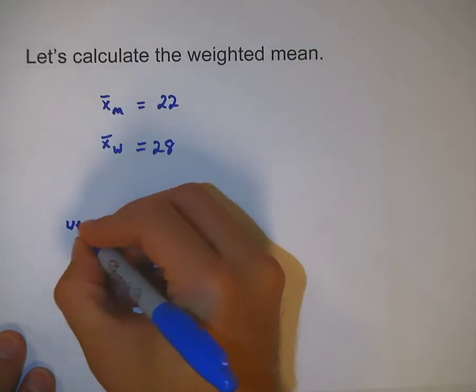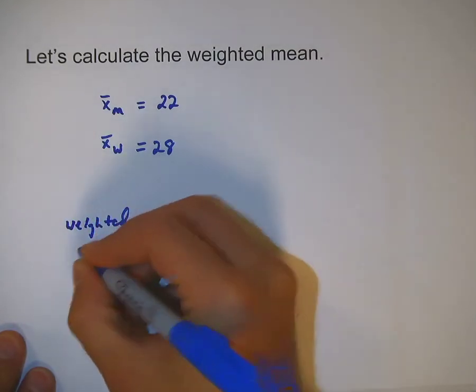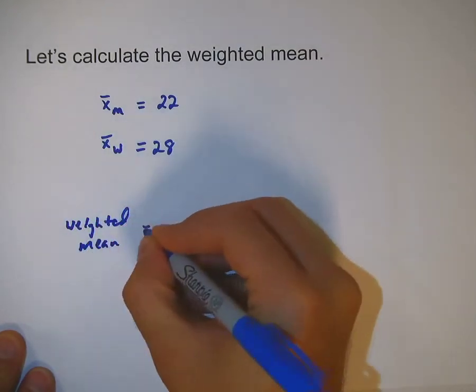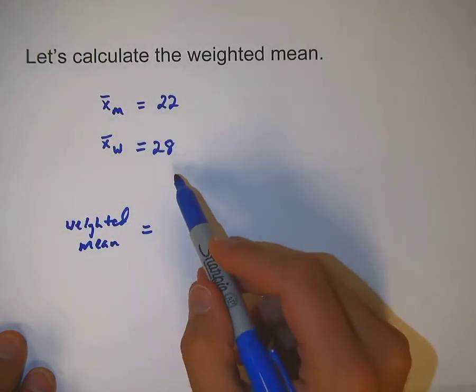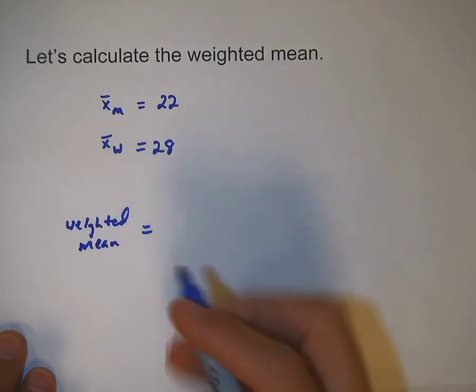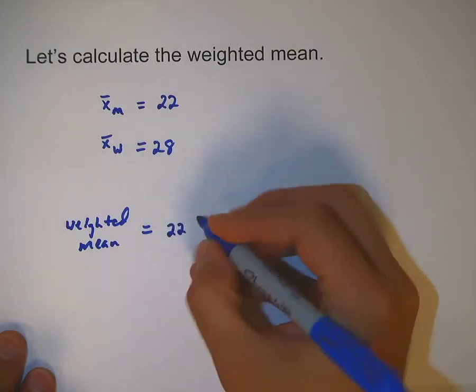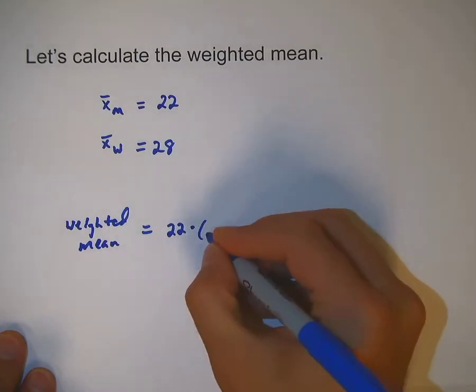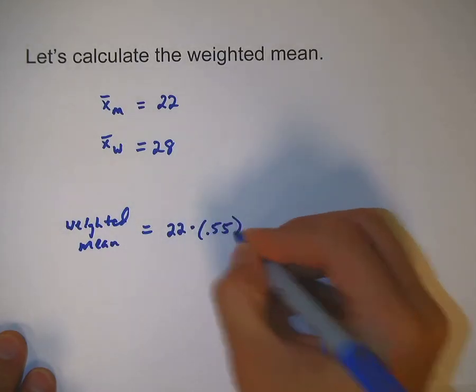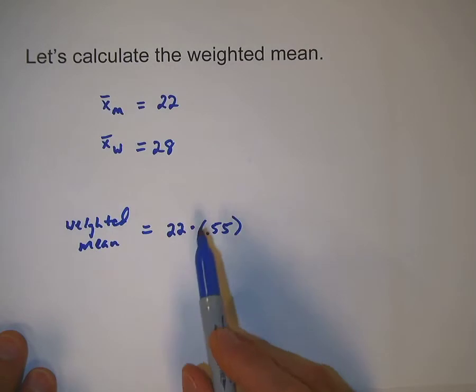Now the weighted mean is going to equal each of these individual means multiplied by their weights. So I'm going to take this $22 and multiply it by the weight for men. The weight is 55%, but I want that written as a decimal, so 0.55.